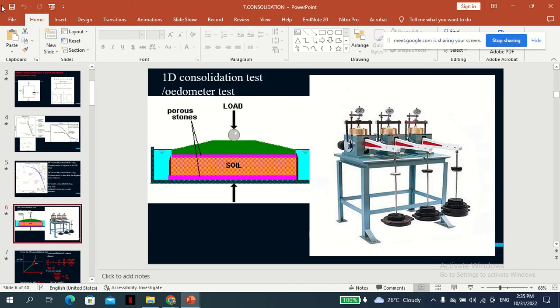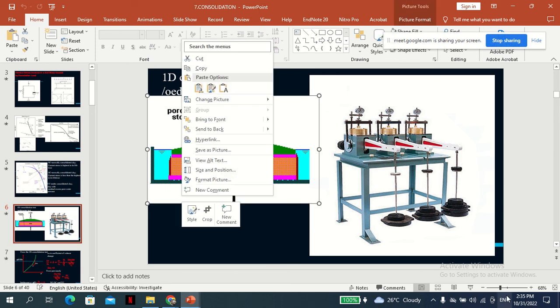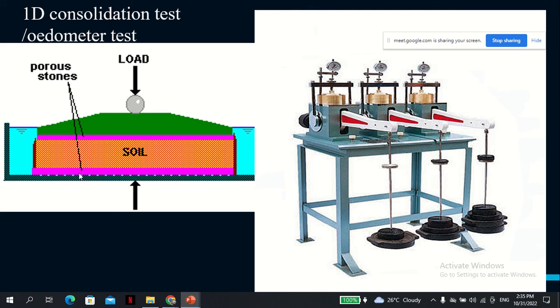Yeah, so basically the 1D consolidation test is this. The test is done under water, under saturated conditions. The 1D, because the soil can only deform in one dimension, only the height can change.